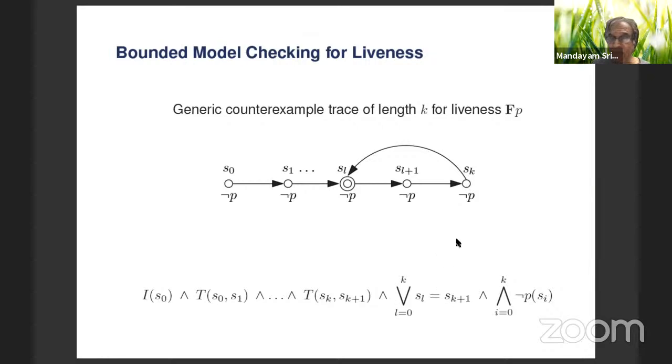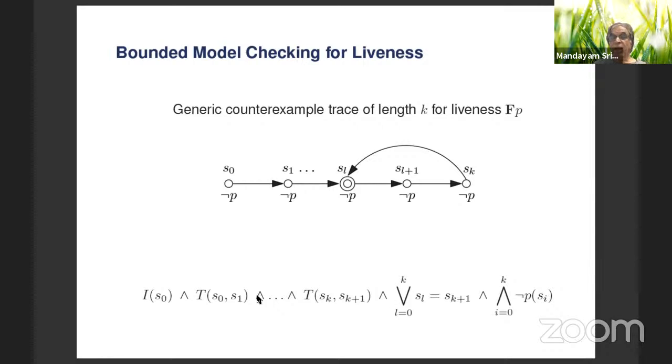SK plus 1, that is the transition from SK, the state that is the successor to SK, that's what SK plus 1 denotes. If that is equal to S of L plus 1, then this part checks if it is lassoed.